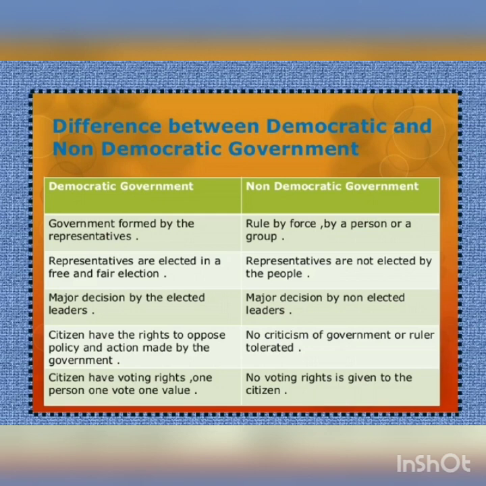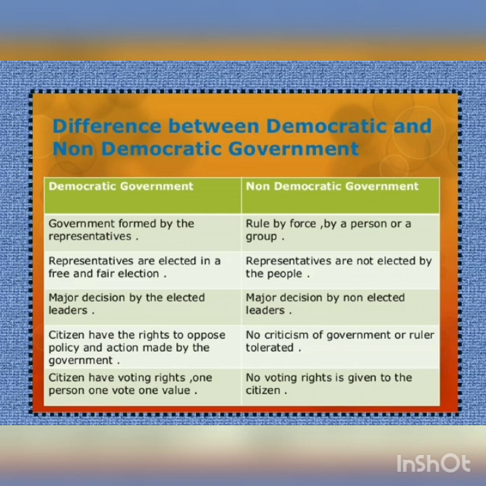These representatives are elected at regular intervals through free and fair elections. It is these elected representatives who take the major decisions on behalf of the people. The people who elect the representatives have equal voting rights, and they vote for electing the representatives at regular intervals.